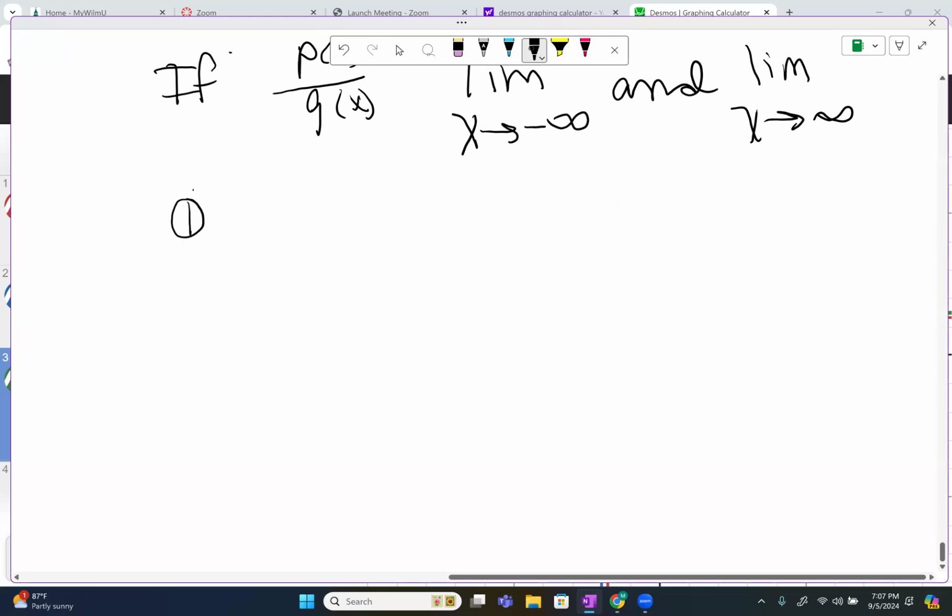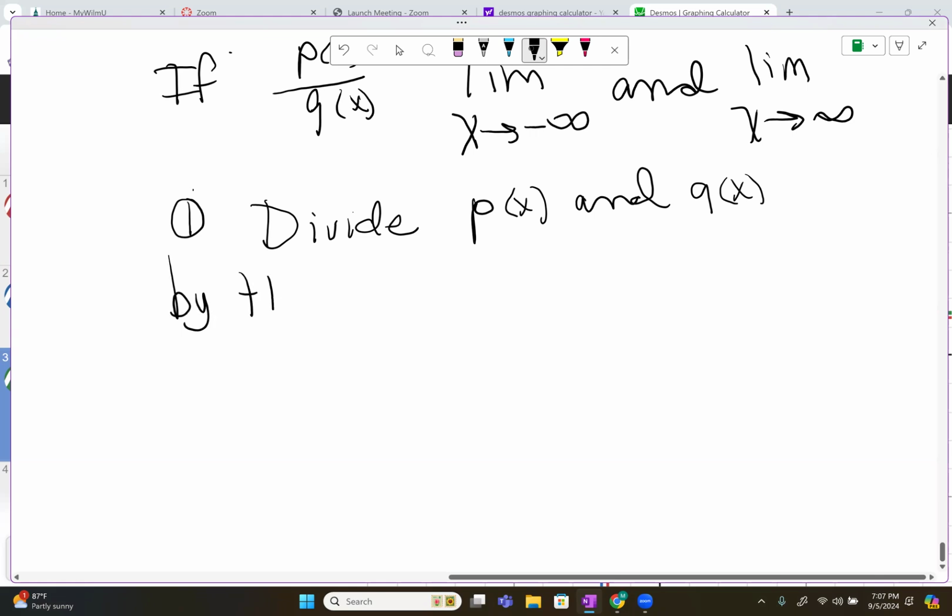By number 1, divide p of x and q of x by the highest power of x in q of x.